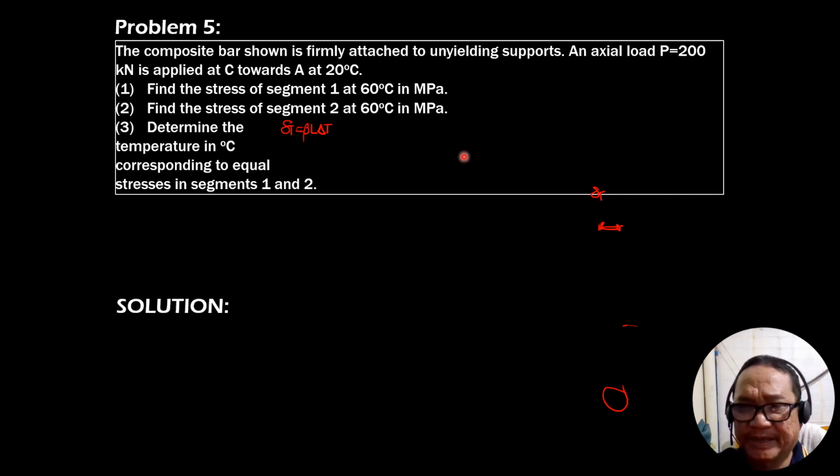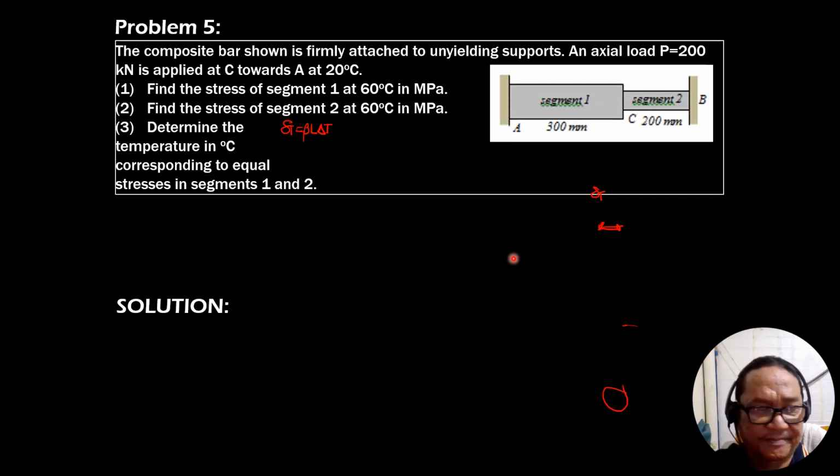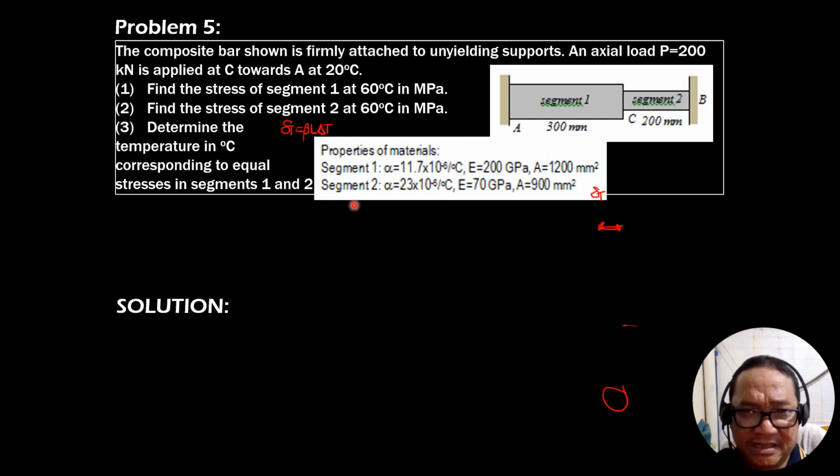For the solution, by the way, the figure is given as well as the properties of materials. In this case, we have segment 1, the coefficient of thermal expansion 11.7 times 10 to the negative 6 per degree Celsius, modulus of elasticity, and area. This is still segment 2, 23 times 10 to the negative 6, the alpha or beta, but I use beta to easily recall the formula.